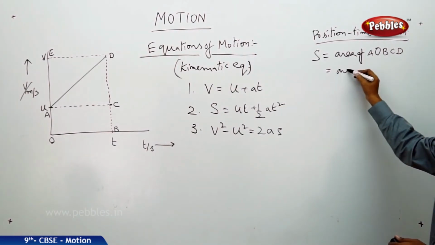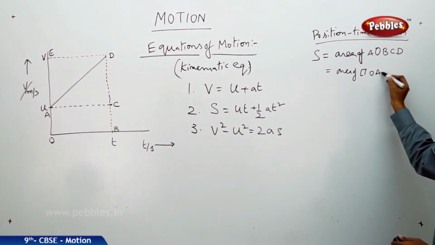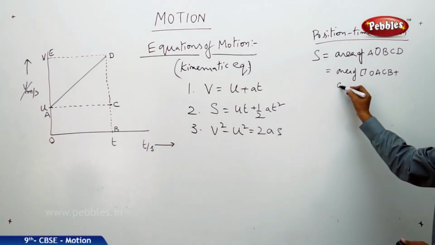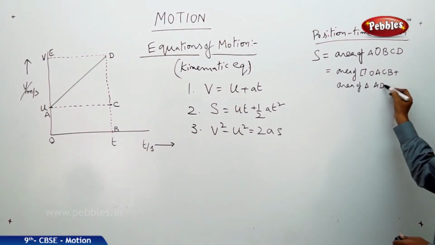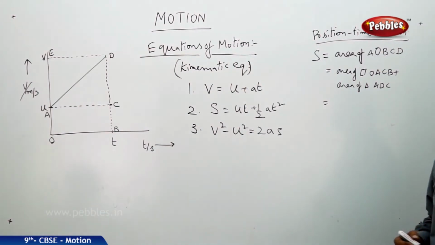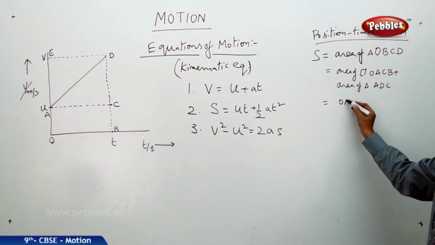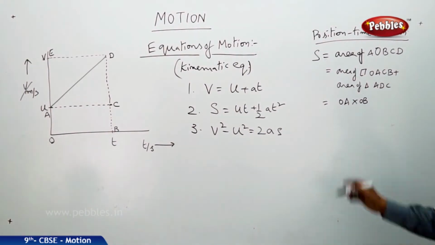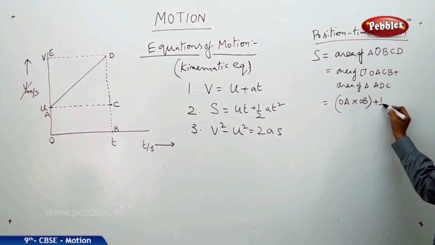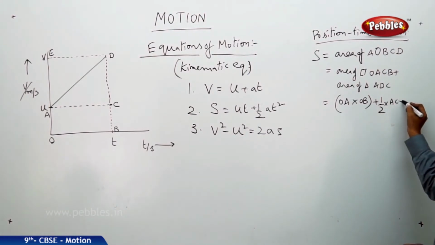So I can say the area of rectangle OACB plus the area of triangle ADC. Now the rectangle OACB is OA into OB, length into breadth, plus the triangle, half into base into height. The base is AC, the height of the triangle is DC.